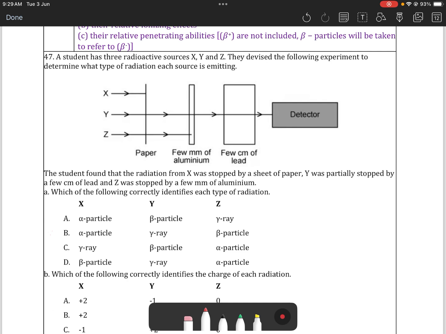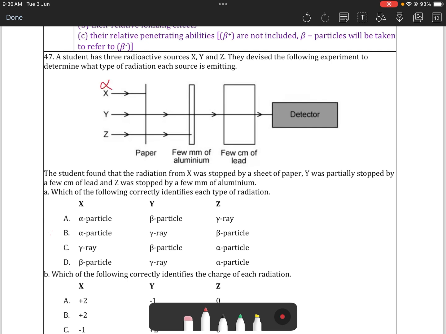Now, alpha decay is helium particles, which are large particles compared to beta and gamma. So alpha will be stopped by paper. It's easy to stop because it has huge, big particles. So this is alpha, right?